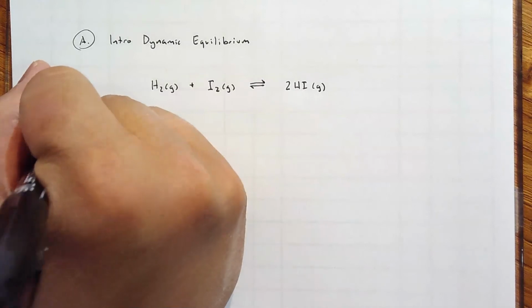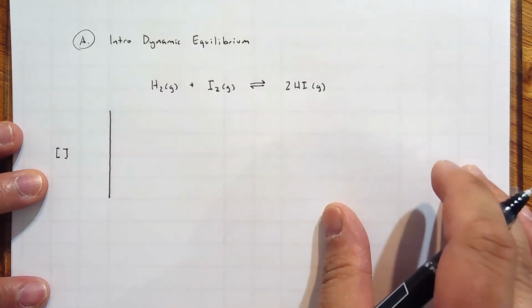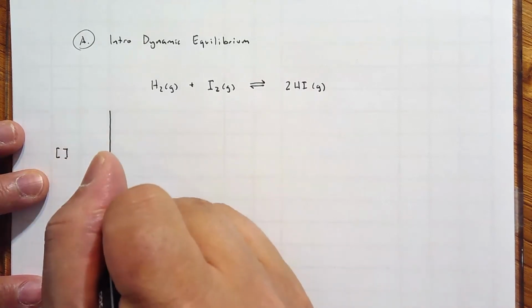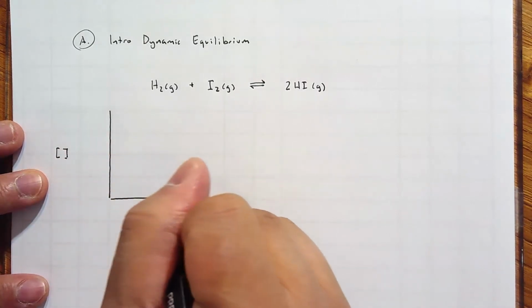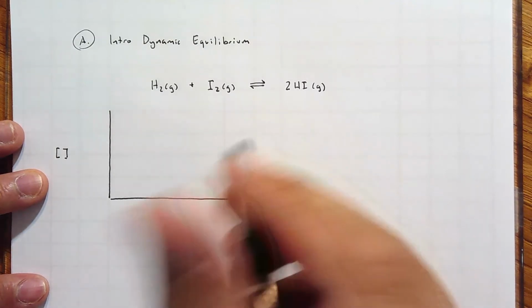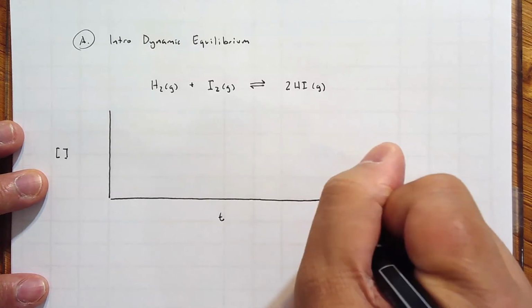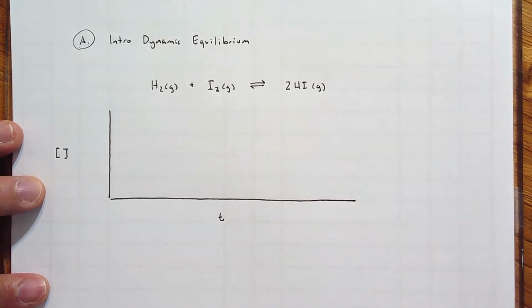And on the y-axis, we'll have concentration of each of these components. And on the x-axis, we'll track the progression of the reaction and each component versus time. We'll make this kind of long.